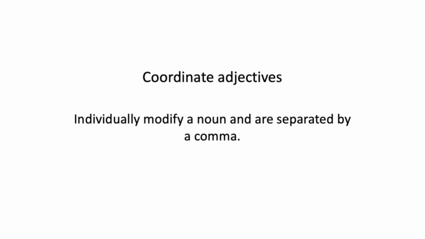In contrast to cumulative adjectives, coordinates individually modify a noun and are usually separated by a comma. A general rule to help you recognize them is if two or more adjectives are from the same category, then they are coordinate and you use a comma.